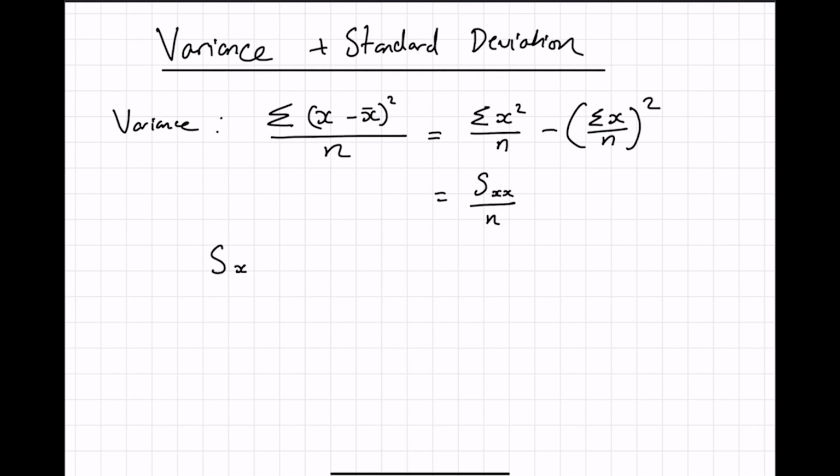So s x is equal to the sum of x minus x bar all squared, which is the same as saying the sum of x squared over n minus the mean squared. So it's pretty much the same thing. That's just what s x is equal to.